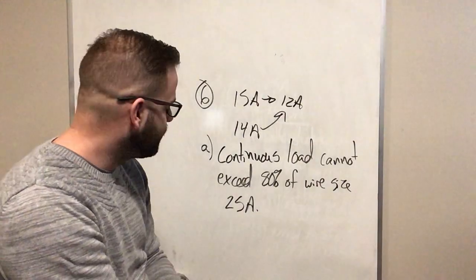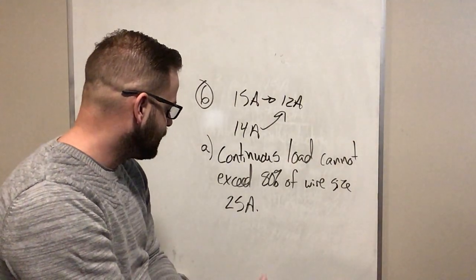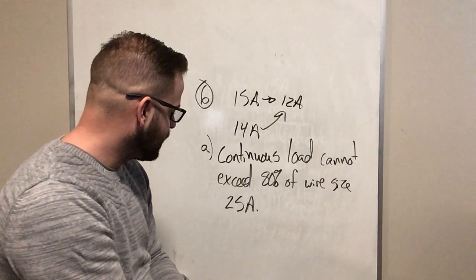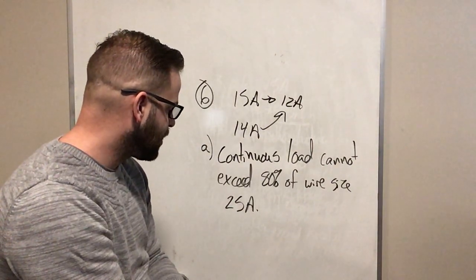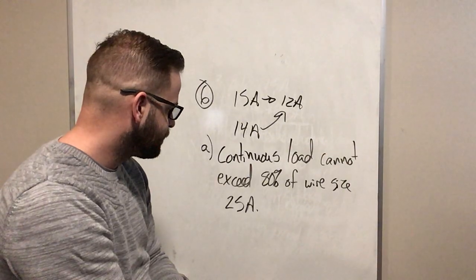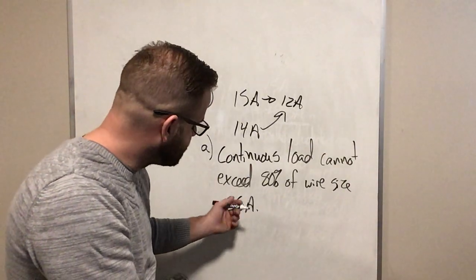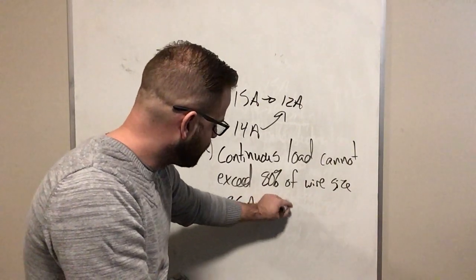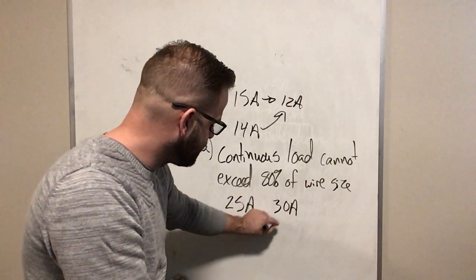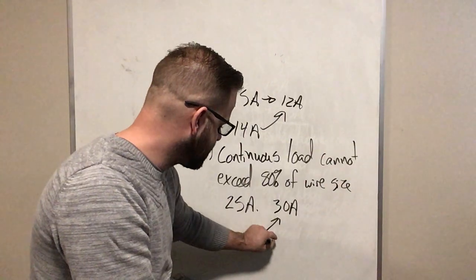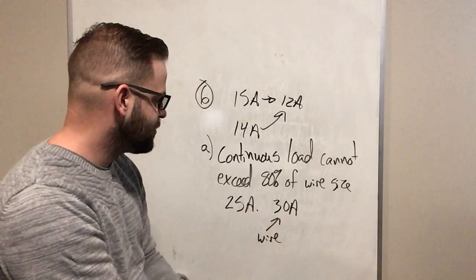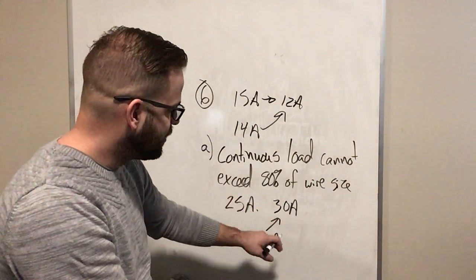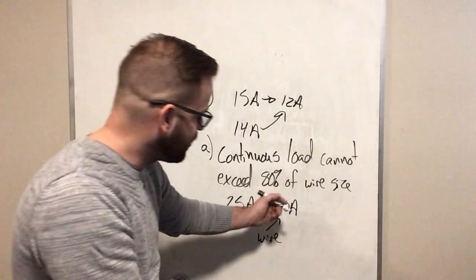And from that, I end up going to size my wire, and my wire size is, let's say, a maximum of 30 amps. So this is for wire size. Wire size is 30 amps. What's 80% of 30? 80% of 30 is 24 amps.